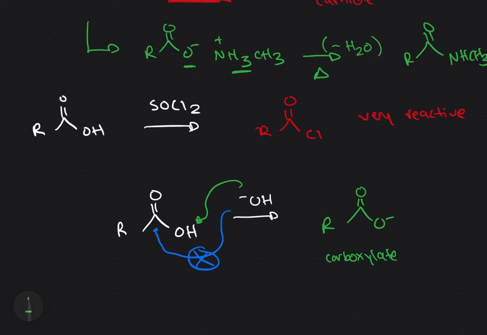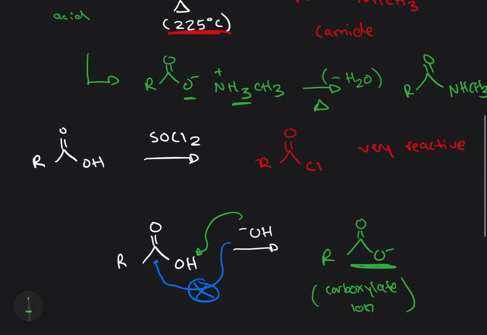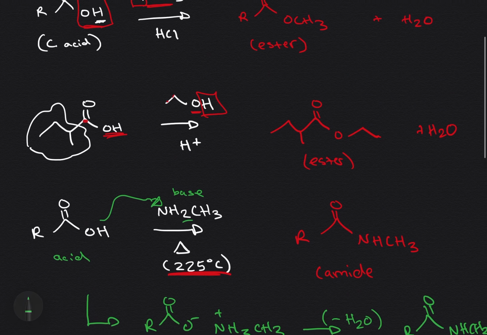We should know that this is actually very unreactive towards a nucleophile. A nucleophile has a negative charge generally, or at least a partially negative charge. It doesn't want to attack anything that has a negative charge. Opposites attract. Negative likes a positive charge, if anything. I hope that helps visualize that.